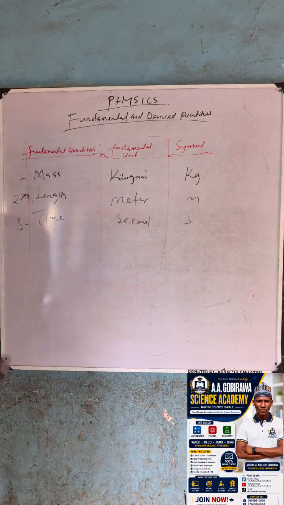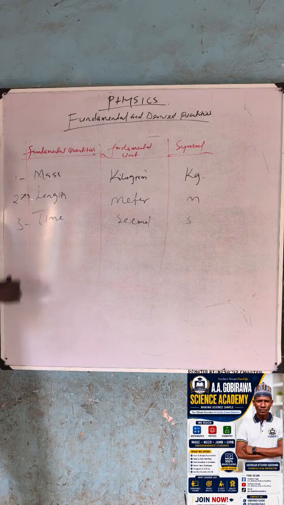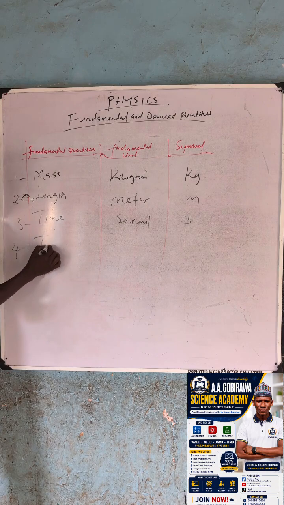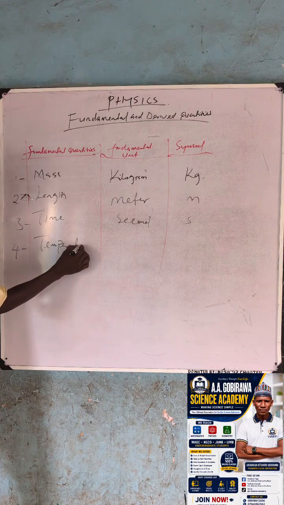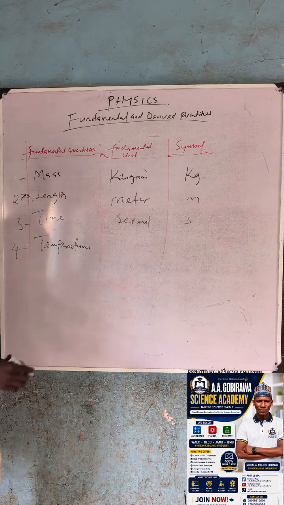These are the three most fundamental quantities in physics, but there are many. We have number four, temperature.